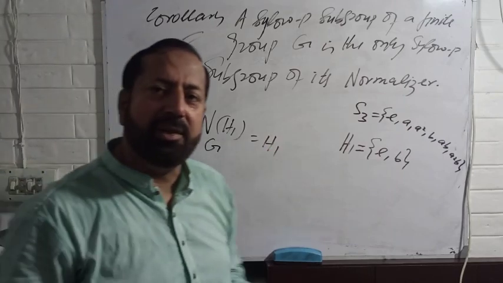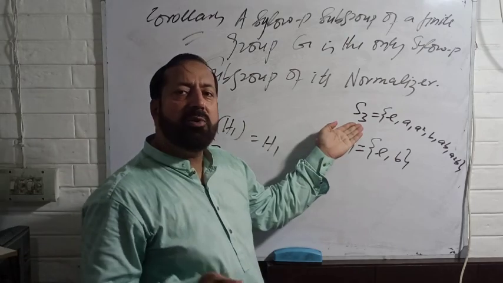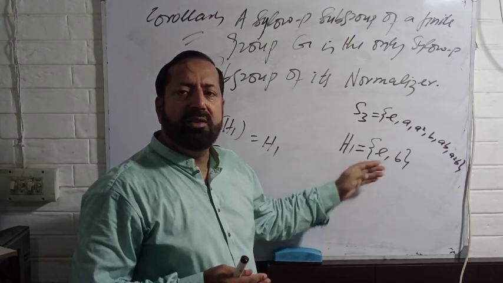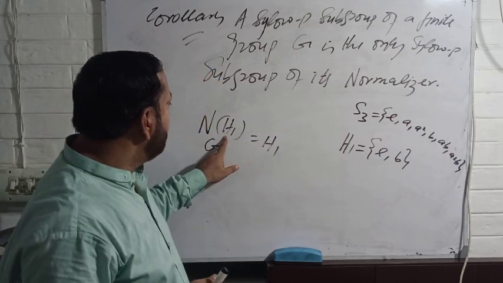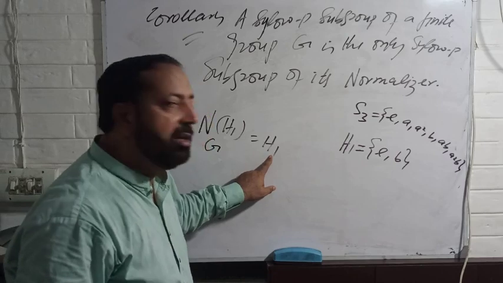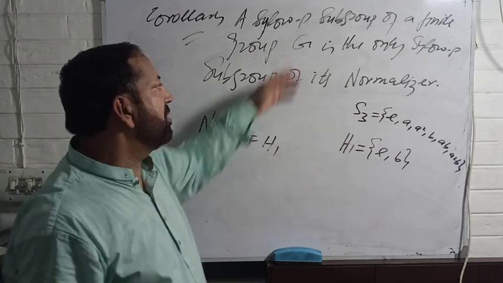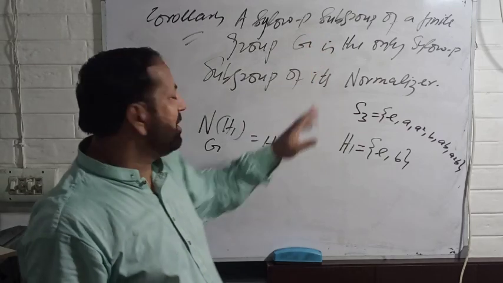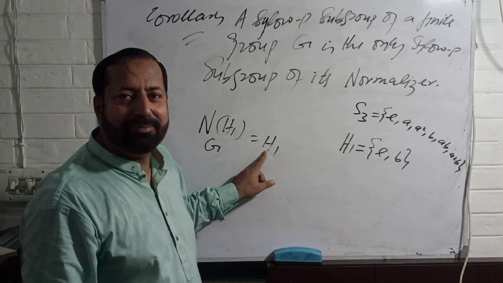You know normalizer is a subgroup. So S3 has only subgroups of order 2 and order 6. So if the normalizer of this H1 is S3, you know that S3 has three Sylow P subgroups. So you have a contradiction against the fact. That's why the normalizer of H1 in G should be equal to H1.